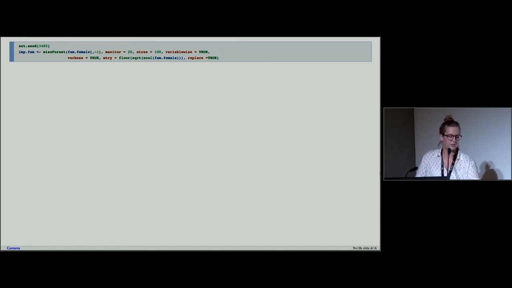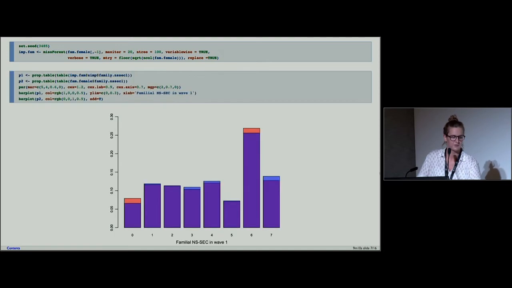Again, just to give you a little illustration of how the imputation went, which I did using missForest in a package with the same name, I have the same variable that I talked about earlier. It's the socio-economic class of the family in wave 1. In this graph, the purple area represents the overlap between imputed and observed values.